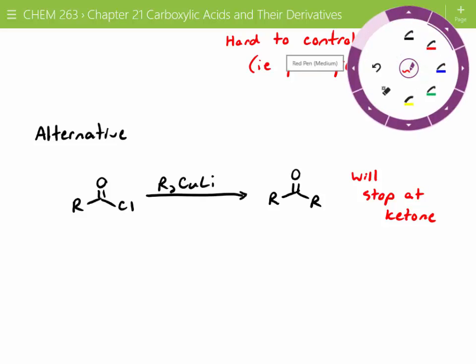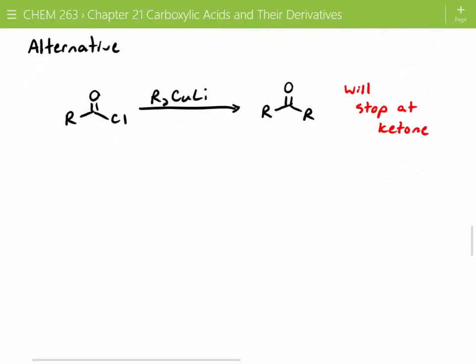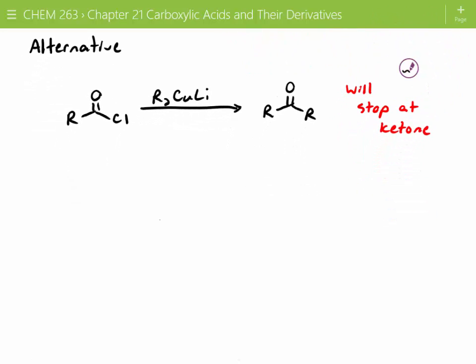So let's take a look at what a lithium dialkyl cuprate looks like. They're really easy to make. All you need is an alkyl halide, and you throw in copper and lithium, and it will form a lithium dialkyl cuprate.